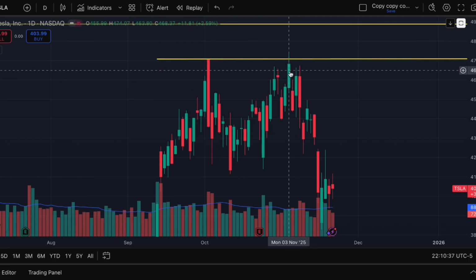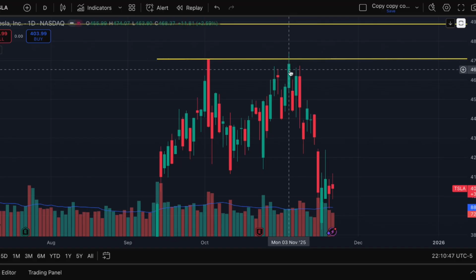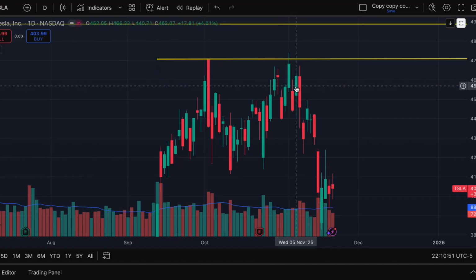If the body breaks and closes the day above that resistance level, then that resistance level is now broken. But since it wicked, that tells me that price rejected, and now we came all the way back down.